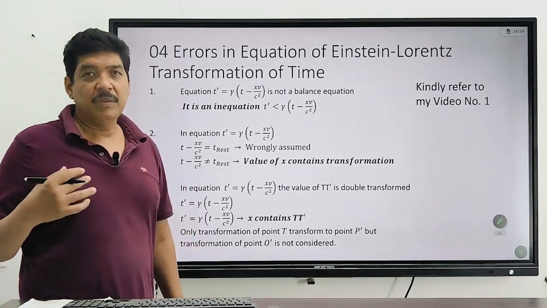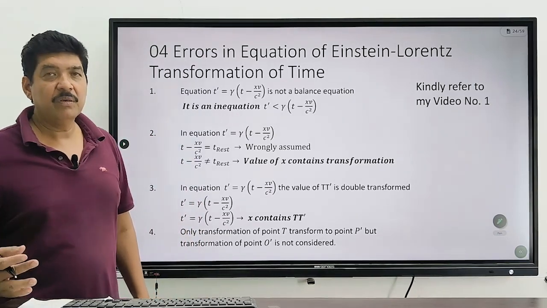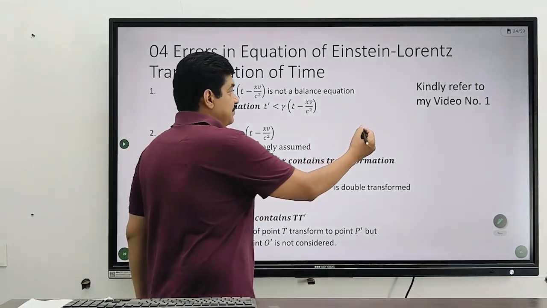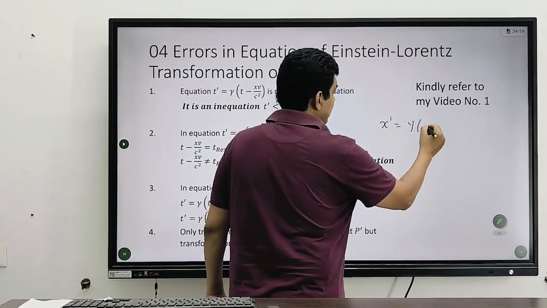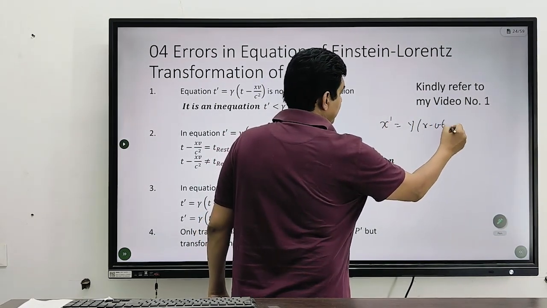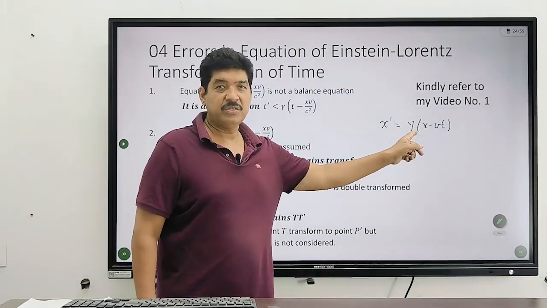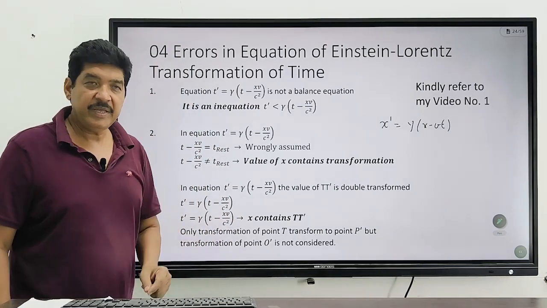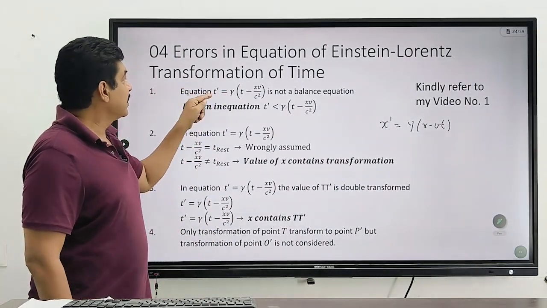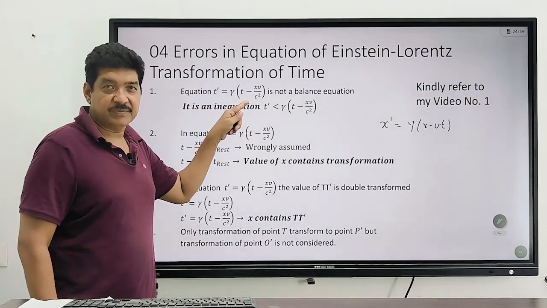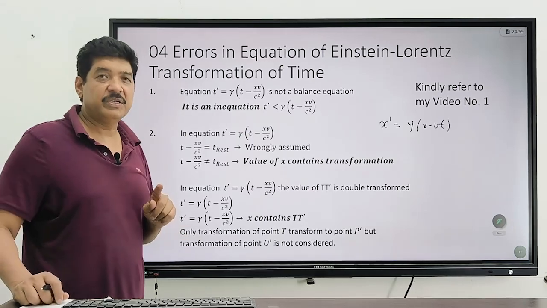In video 1, I have shown that there are 4 errors in the position equation of Lorentz transformation. The same errors are also there in the Lorentz equation for time dilation, or time. You can go through video number 1.